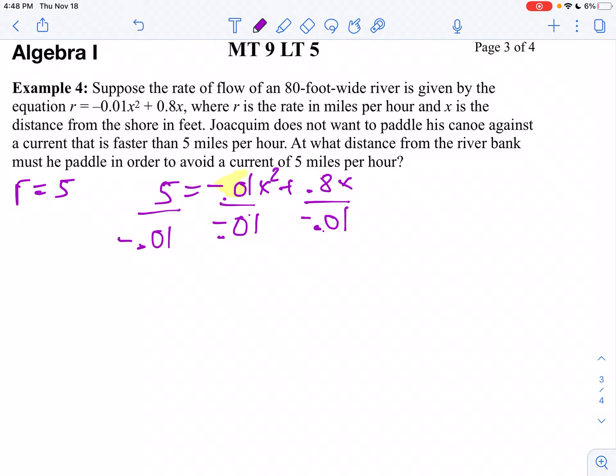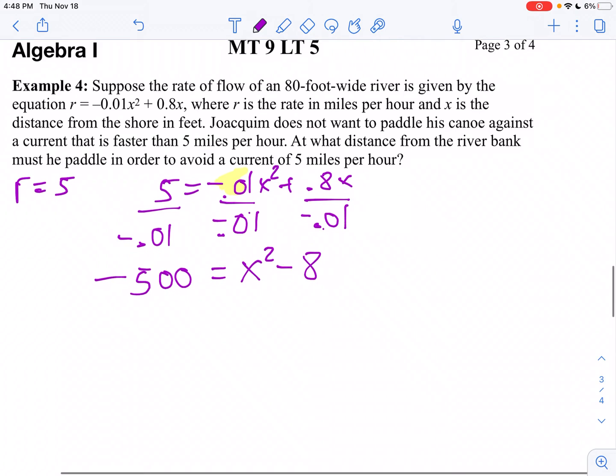So 5 divided by negative 0.01 is negative 500. x squared, 0.8 divided by negative 0.01 is negative 80x.